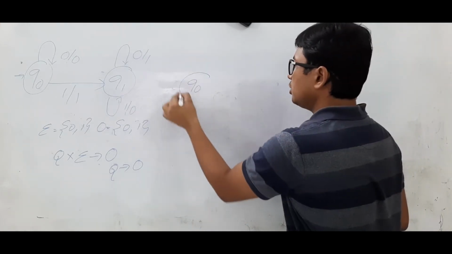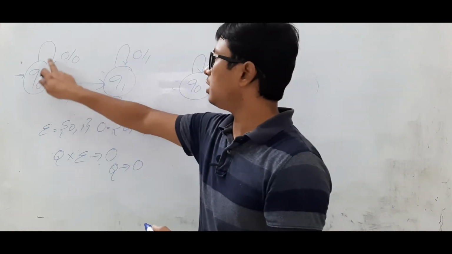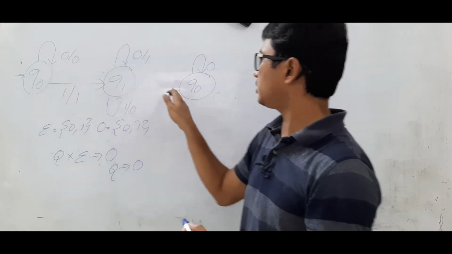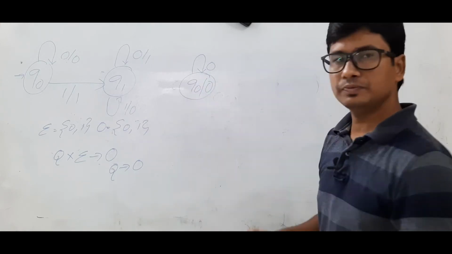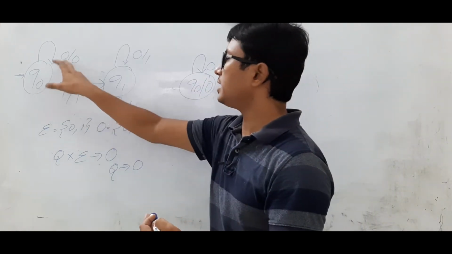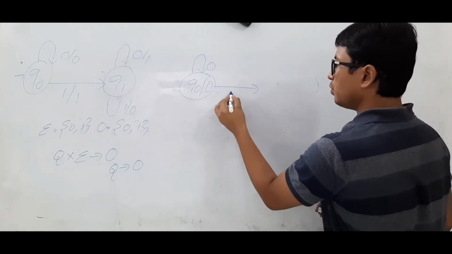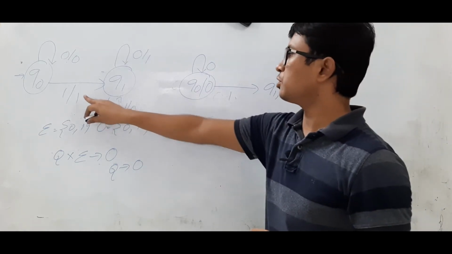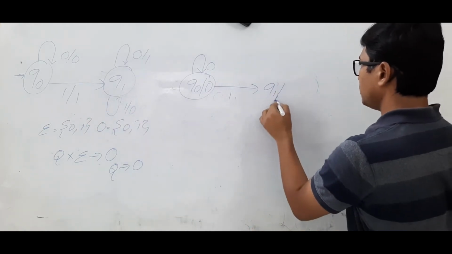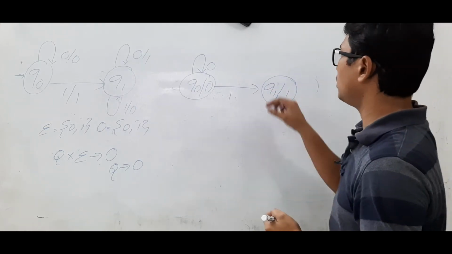Q0 on input 0 goes to Q0 and produces output 0. Now Q0 on 1 goes to Q1 and produces output 1. So you have to keep a state called Q1 which produces output 1.